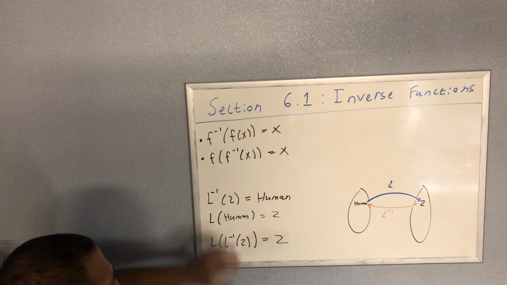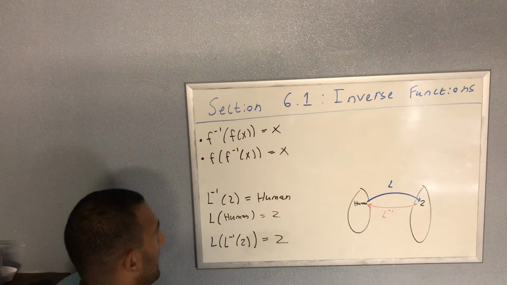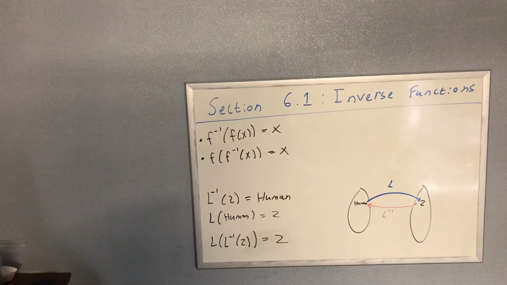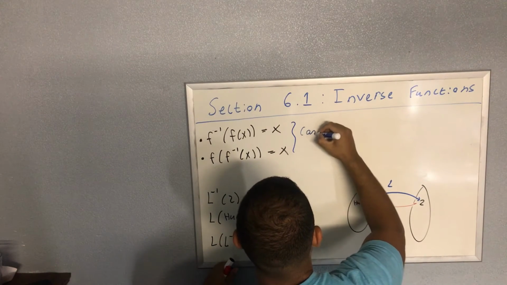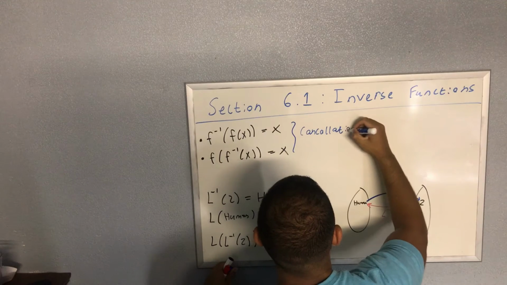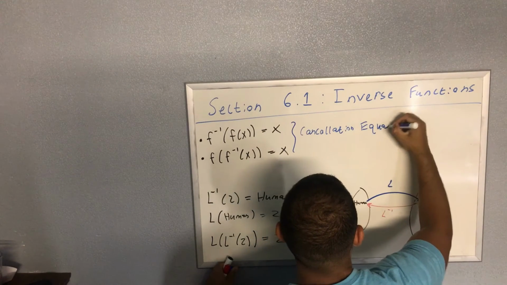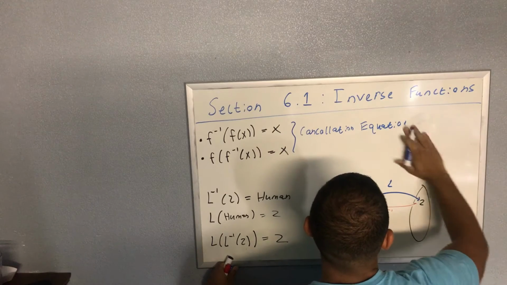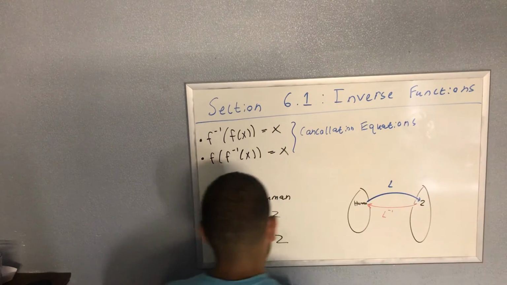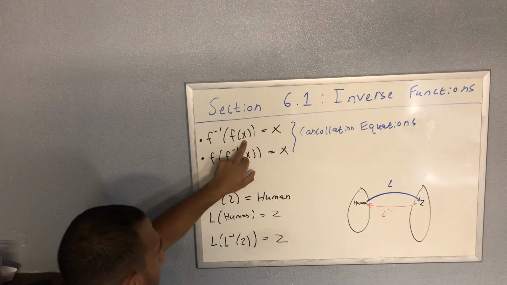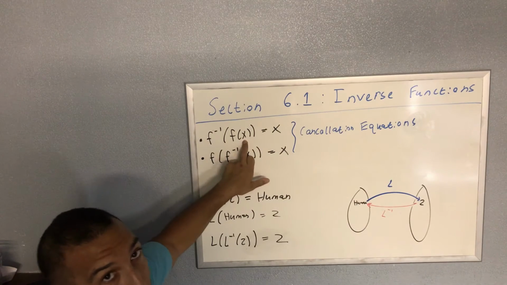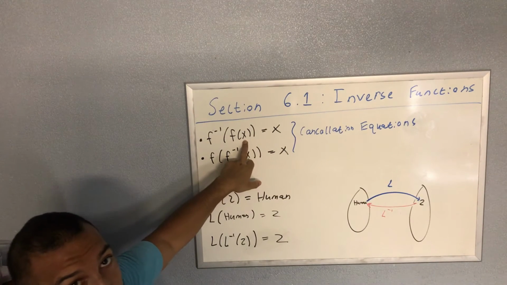You have to be really careful though with this thing. I believe the book calls this the cancellation property. Oh, the cancellation equations. But you have to be careful what x is representing. Notice x in here was from the domain. It was like human, it was an animal.